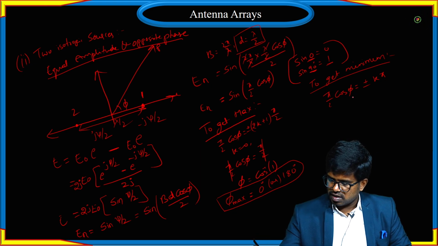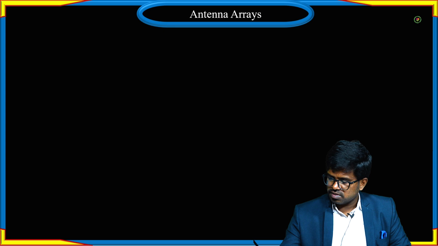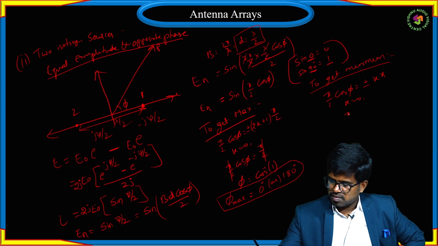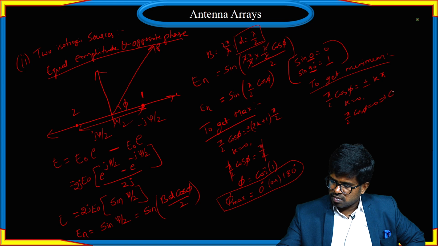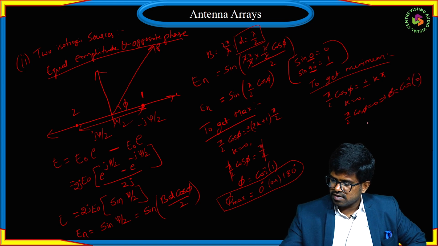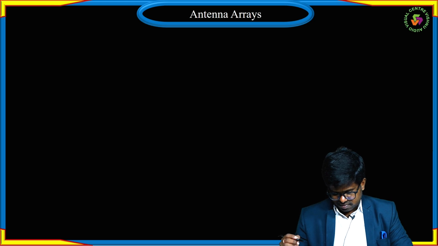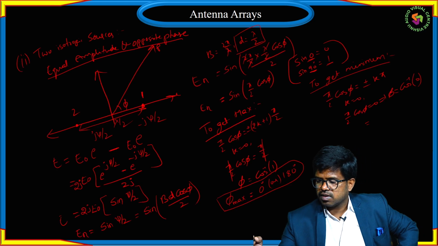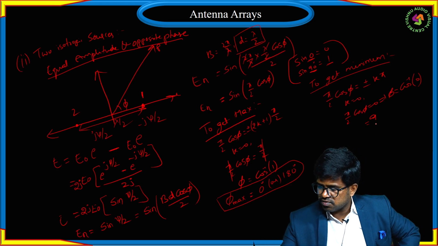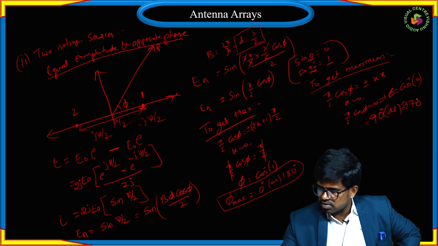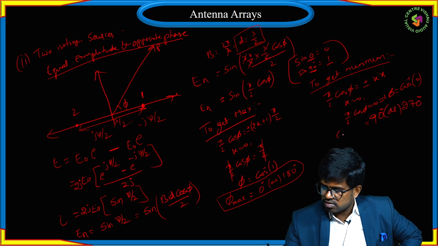Now for k value you normally substitute 0, then pi by 2 cos pi equal to 0. That means pi equal to cos inverse of 0. In case of cos, we got 0 for the angles of 90 or 270.